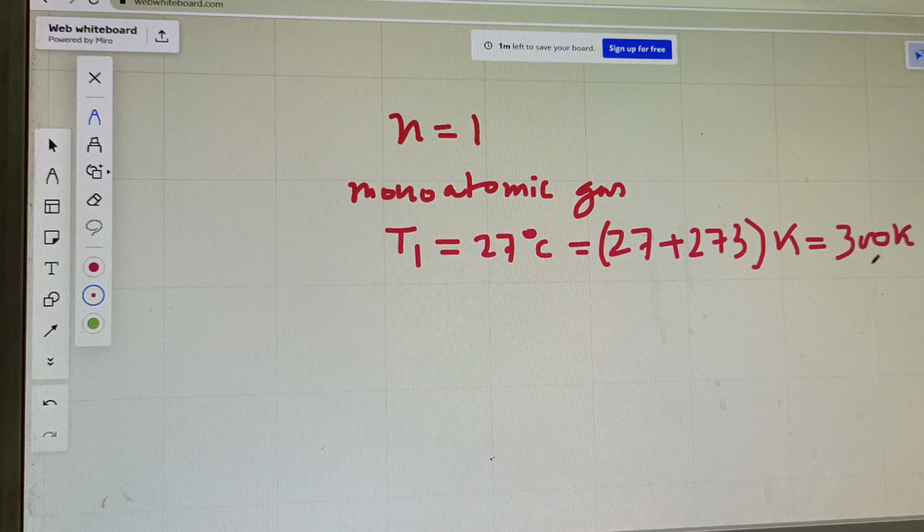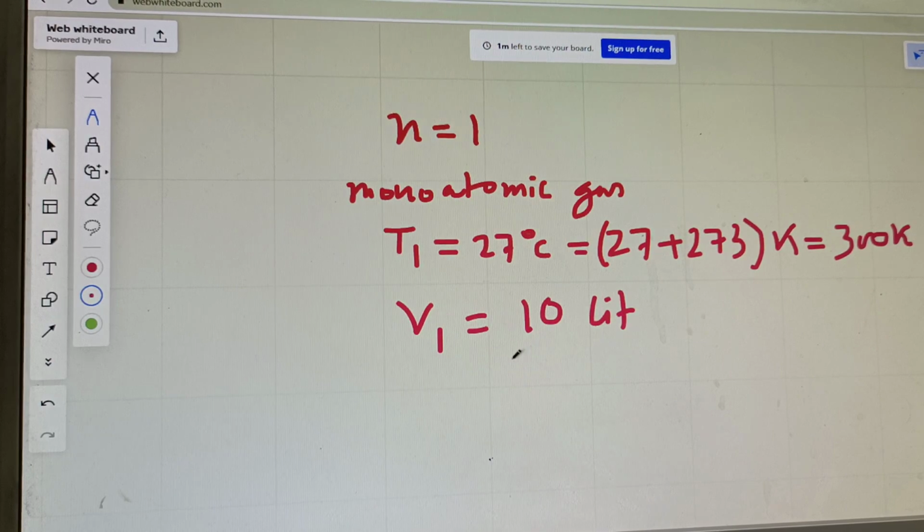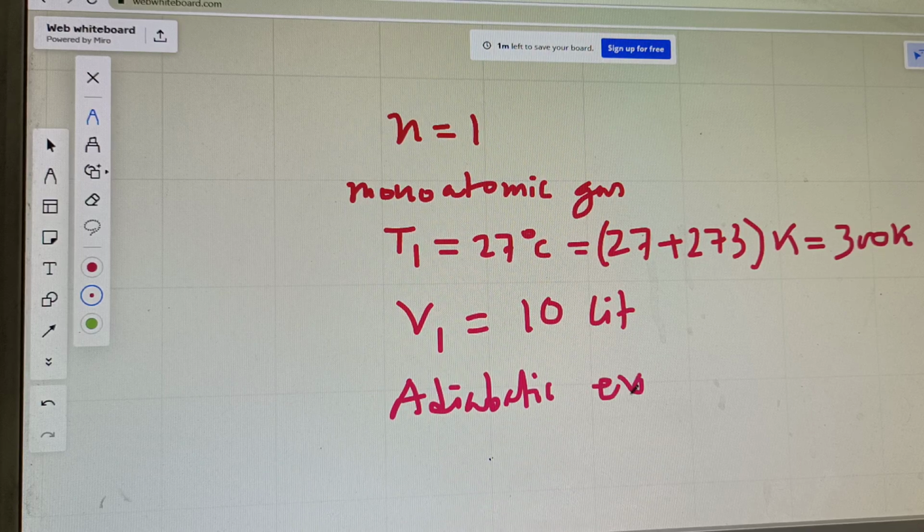And the initial volume is V1 equal to 10 liters. Now the process is adiabatic expansion.